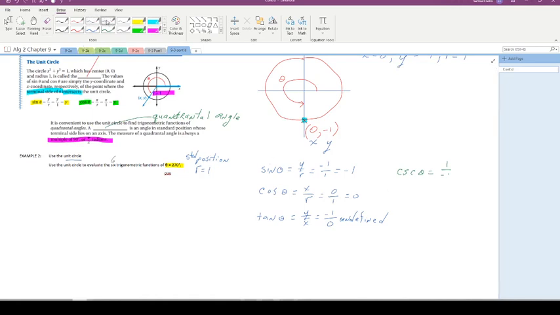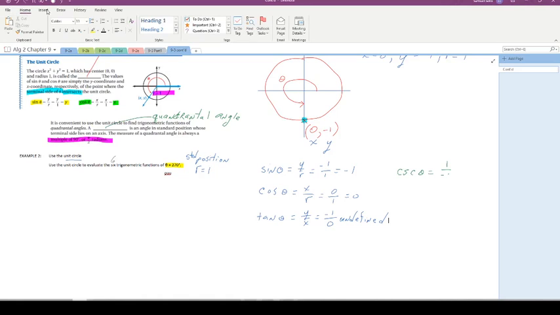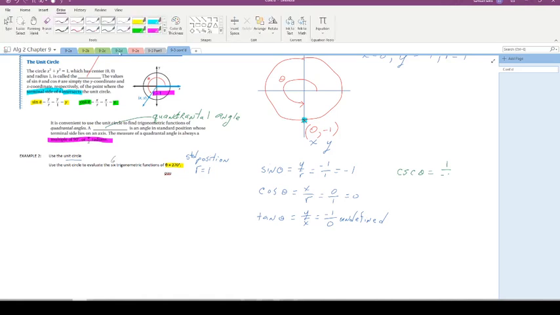Just give me a second to fix this and go back to drawing. Okay, there it is. So we have 1 over minus 1 is equal to negative 1.